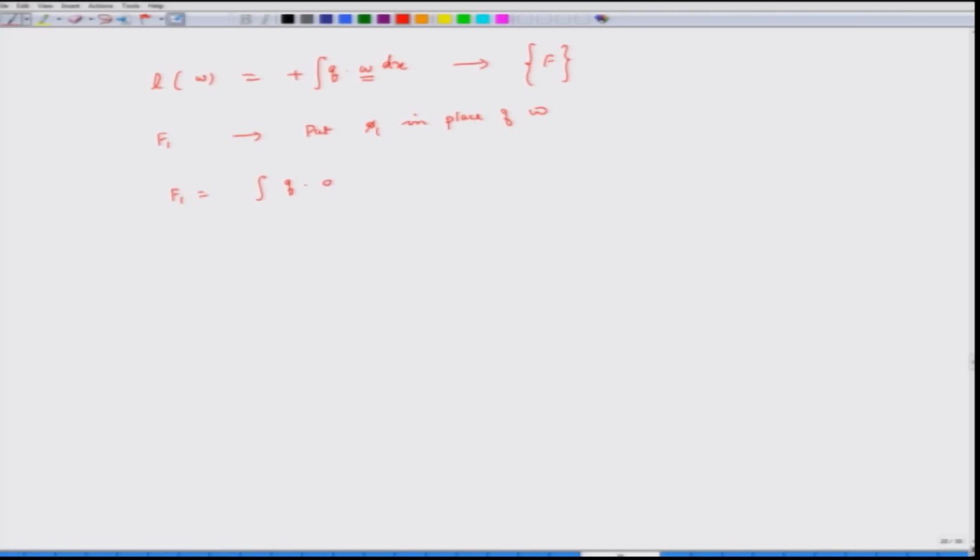So, this times phi i times dx, 0 to L. And similarly F2, in this case the choice of W is phi 2. So, it is integral 0 to L Q times phi 2 times dx. So, here i is 1 and here i is 2.